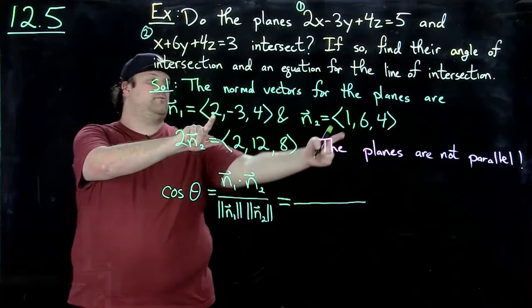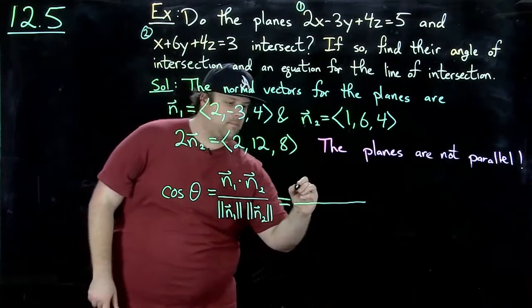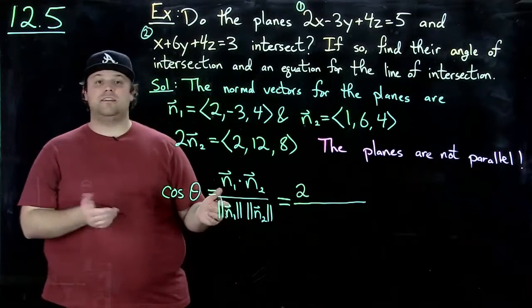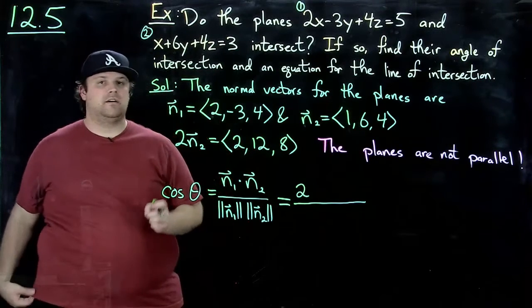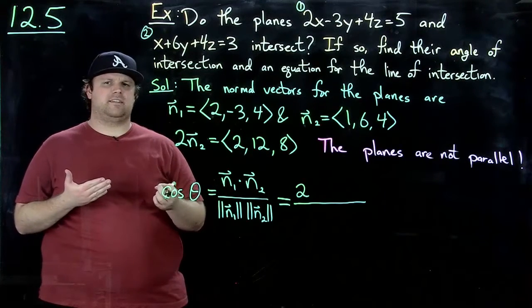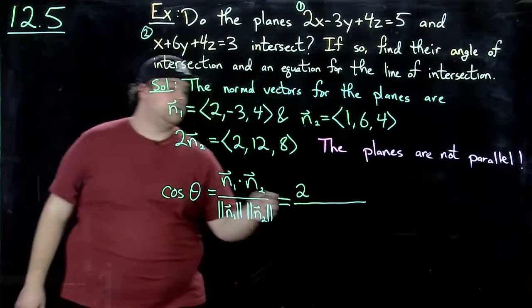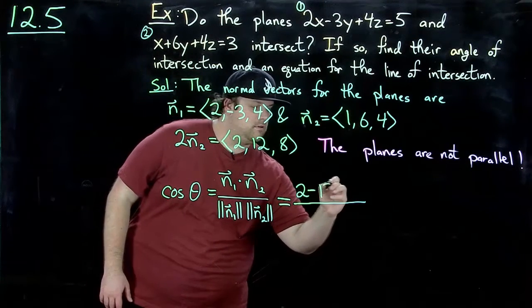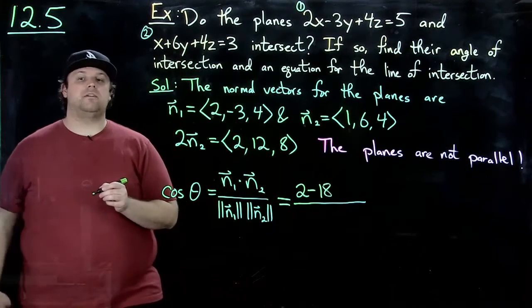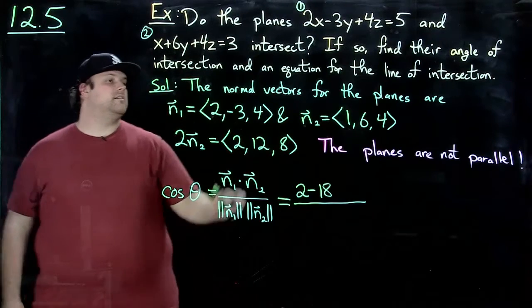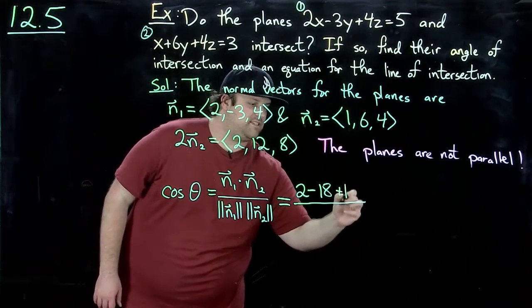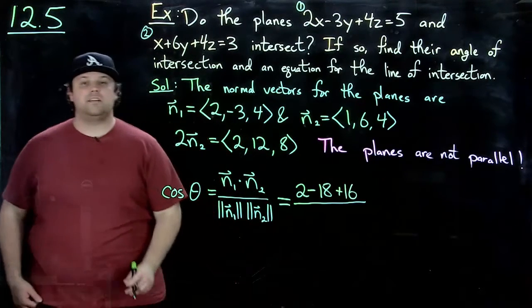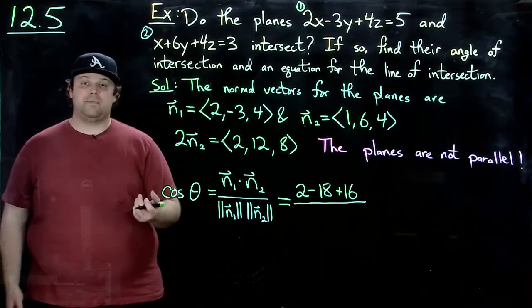We're going to get 2 times 1 plus negative 3 times 6. Well, negative 3 times 6 is negative 18. So this is 2 minus 18 on top so far. And then the last thing is plus 4 times 4, so plus 16.